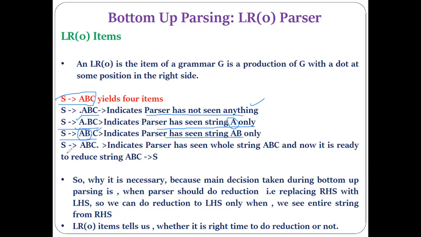Another case I have mentioned here: I have moved the dot directly from the left hand side of C to the right hand side. You can see now it indicates that the parser has seen the whole string ABC.